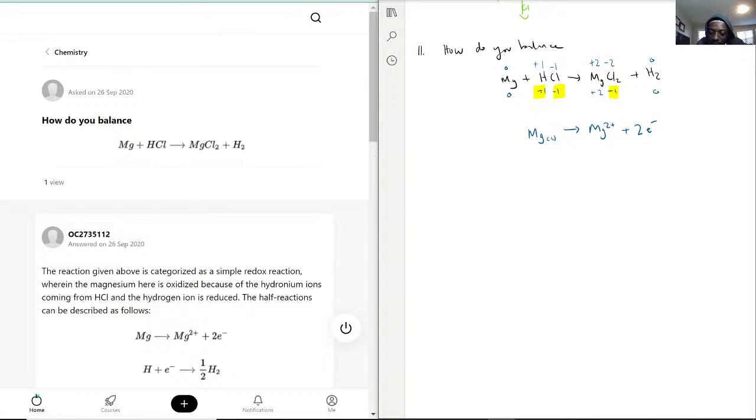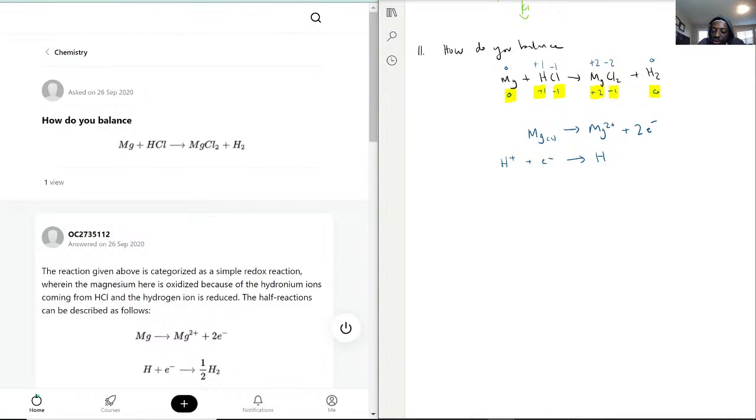The hydrogen went from +1 to 0, and magnesium went from 0 to +2. So we don't write the chlorine down. The next one we write is the hydrogen. H+ turned into, oops, I wrote that one wrong. It would actually be H+ plus an electron turns into hydrogen gas.